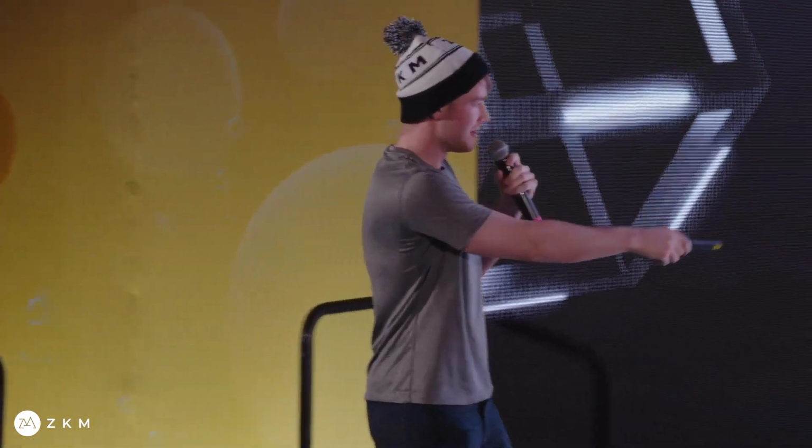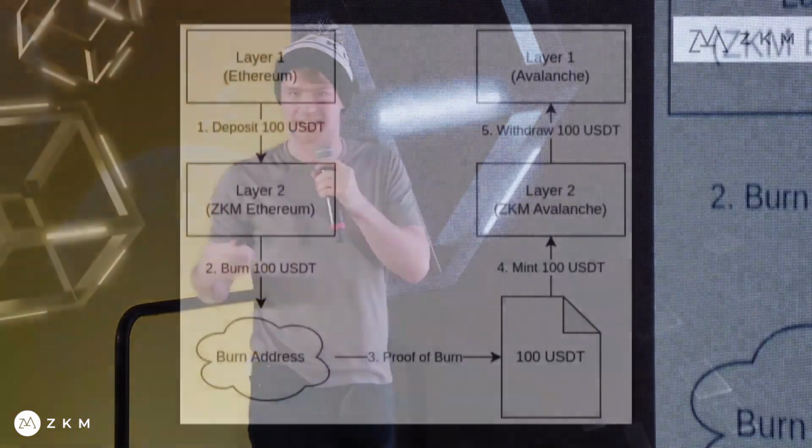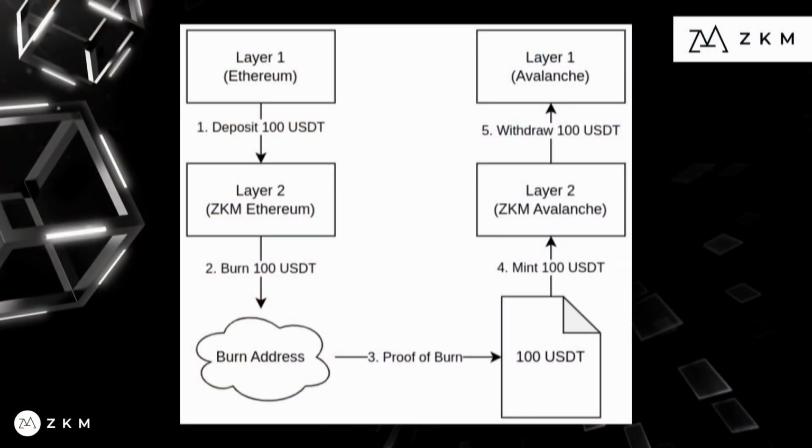Got it. Okay. So the question was, how do the different L2s talk to each other? The layer 2 acts as both a scalability layer as well as an interoperability layer. So they communicate with each other through these proofs that are generated.